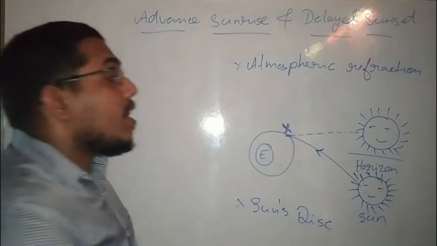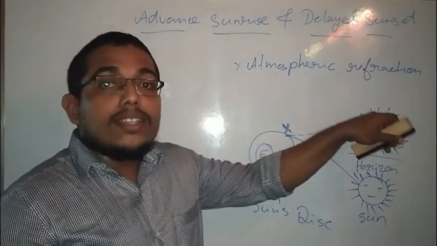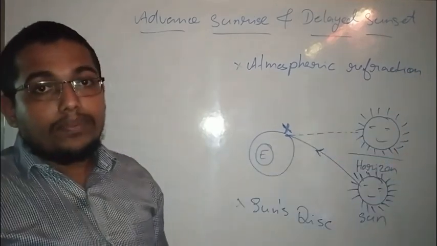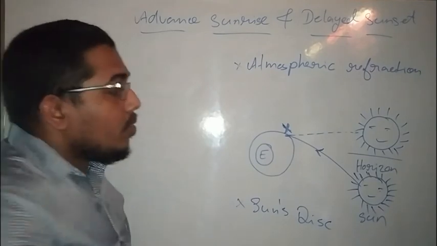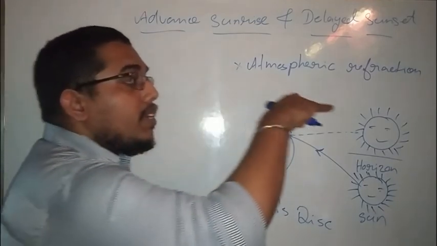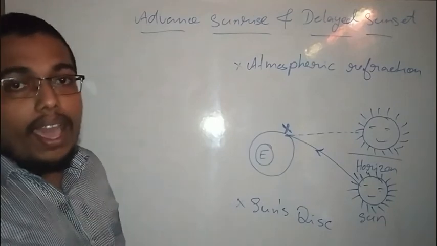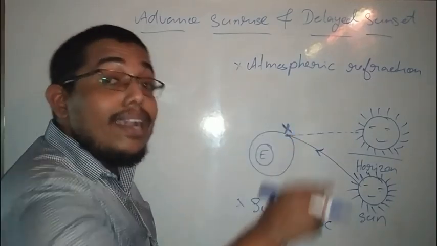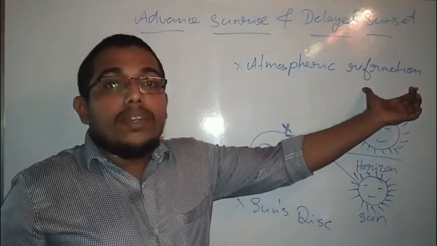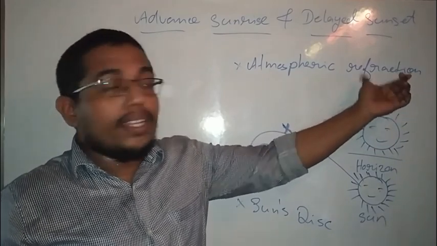Unequal atmospheric refraction takes place in the case of the sunrise and sunset. At that time, the sun is just near to the horizon. So the light rays coming from the sun traveling through different atmospheric layers refract unequally. As a result, the sun appears to be flattened shape or oval shape at the time of sunset and sunrise.